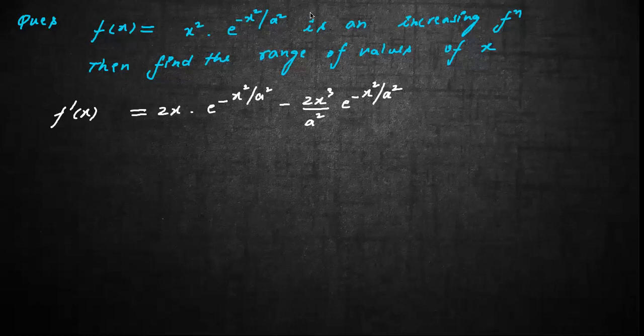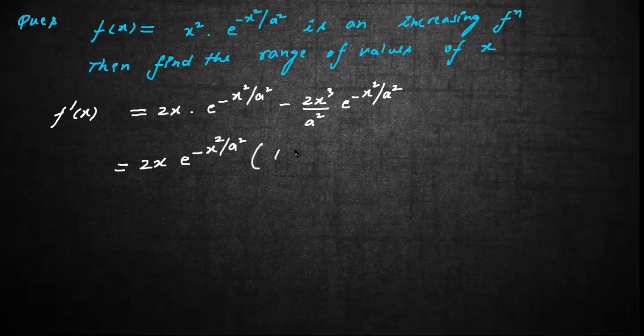Here we can find the derivative by applying the product rule, and we can take some things common, as in we can take 2x into e raised to the power minus x square by a square. So this becomes 1 minus x square by a square. The exponential is clearly positive.